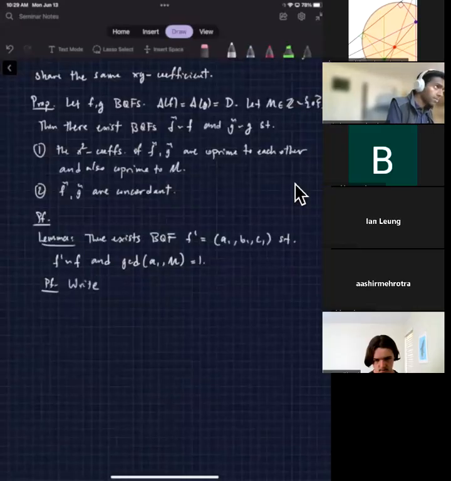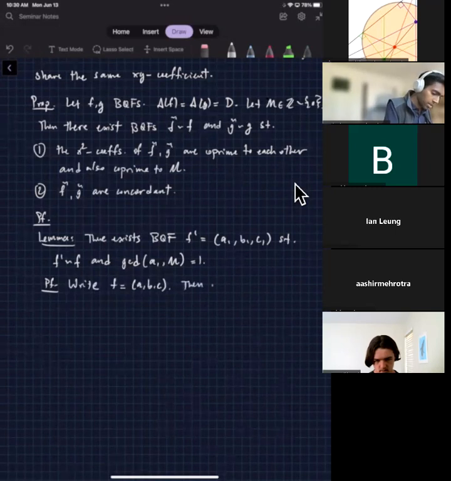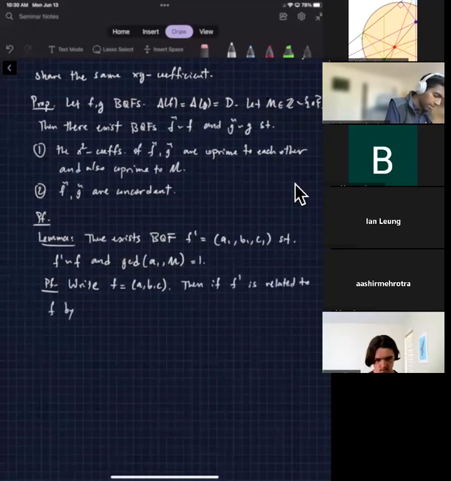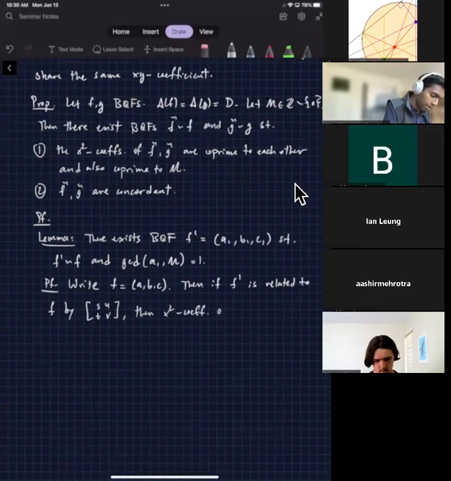Okay. So proof. So we can write F as A, B, C. Then if F prime is related to F by the matrix S, U, T, V, then the x squared coefficient of F prime, that's equal to A1.